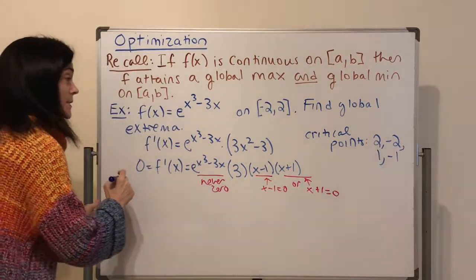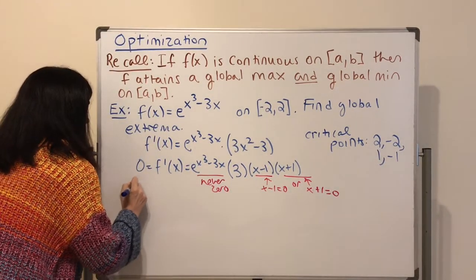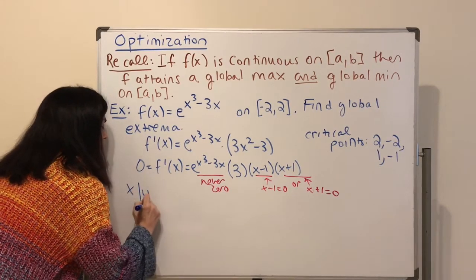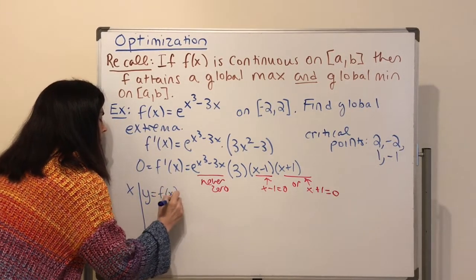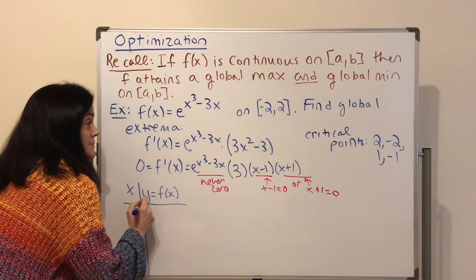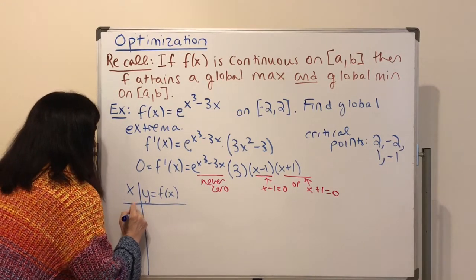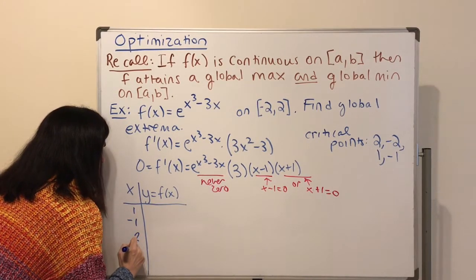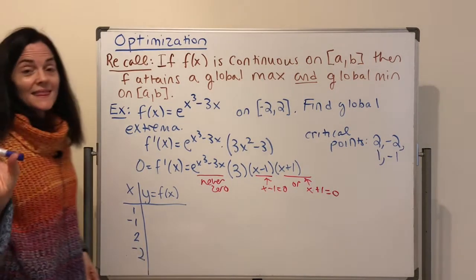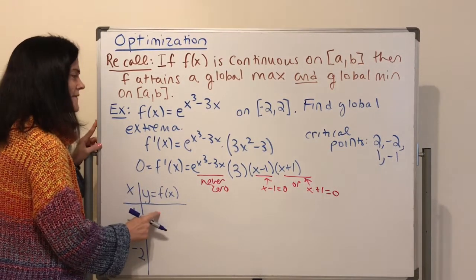So what I typically do is make a chart, x, and the original function. I list my critical points, 1, minus 1, 2, minus 2, and then the y value.